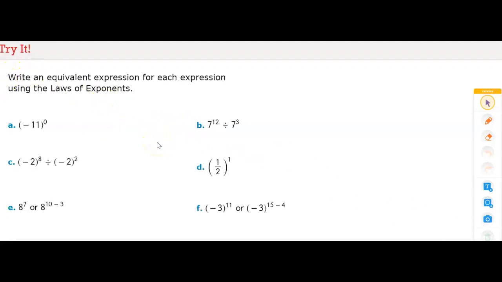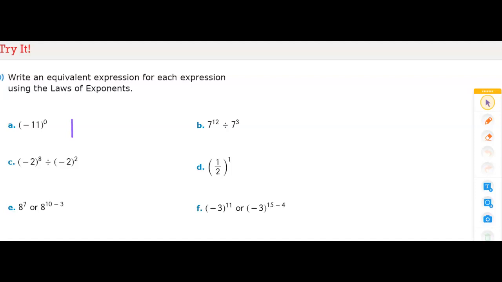Write an equivalent expression for each expression using the laws of exponents. So we have negative 11 to the power of 0, and that's going to equal 1.